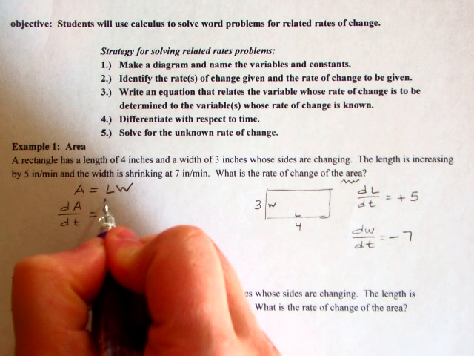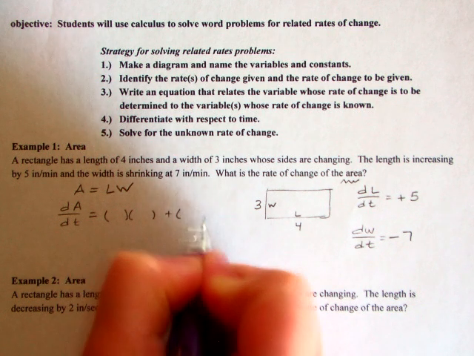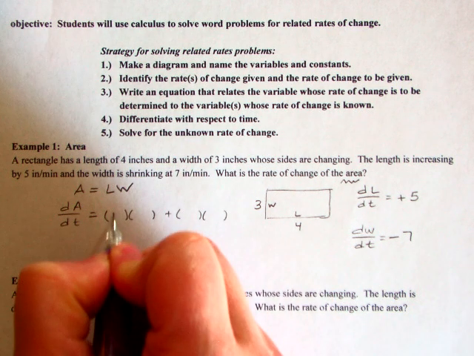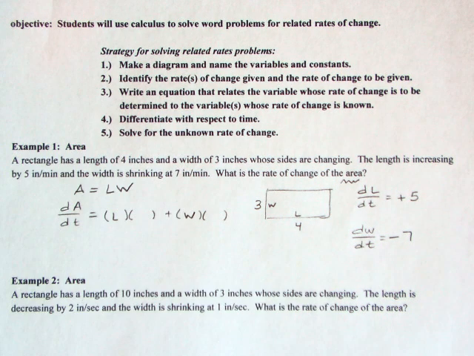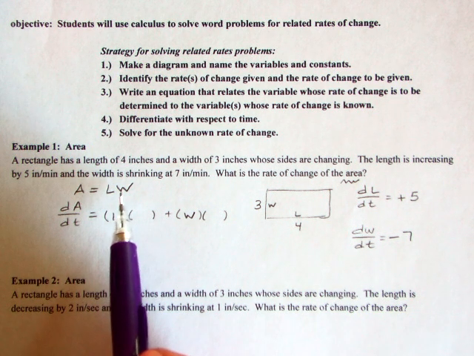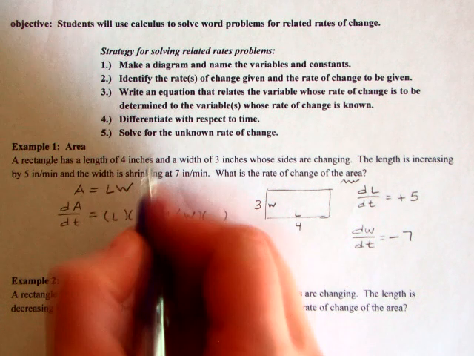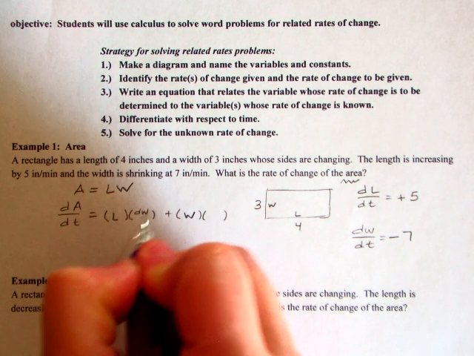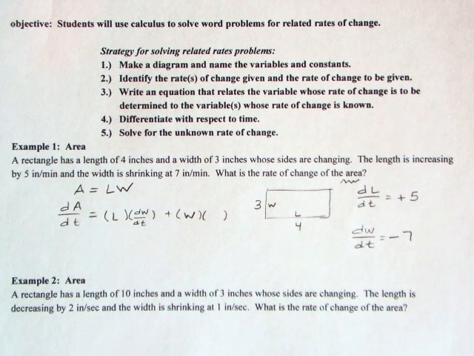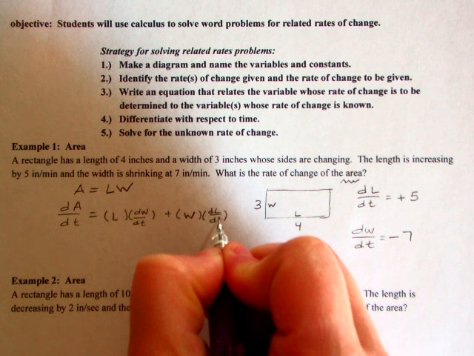This is going to be an example of the product rule, so I can go ahead and set up for that, where this is L and this is W. My derivative for W, when it's a singular W, normally would be 1. However, I need to write dw dt and attach that. This is going to be dl dt, attach that.